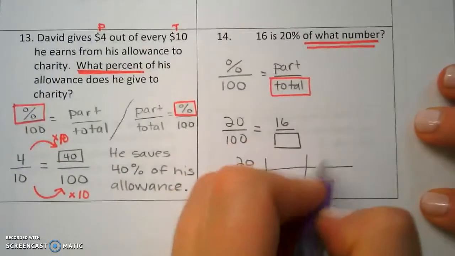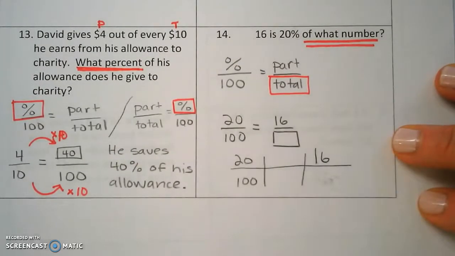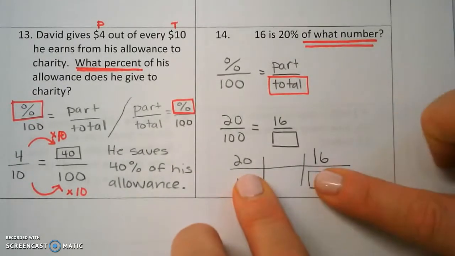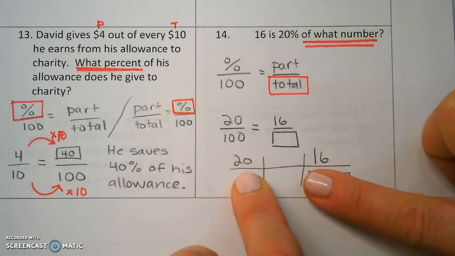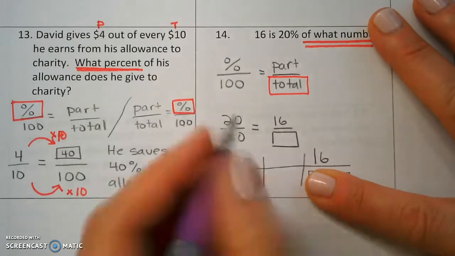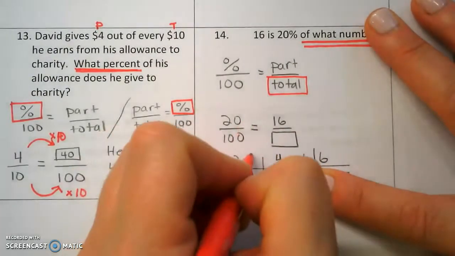Hey, it's an easy thing to do. 16 needs to be up there. Anyways, I'm going to use a table of equivalent ratios to see if I can scale this to determine what my missing amount is. So I want a number that plays really nicely with 20 and 16. And I think the best number to use for these two is going to be a 4. So I'm going to use 4 as my go-between number here.